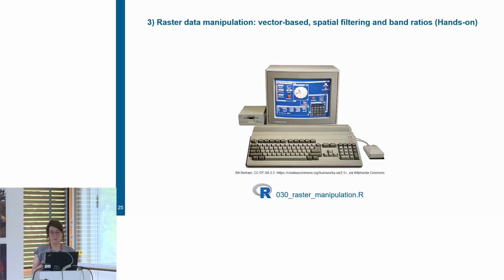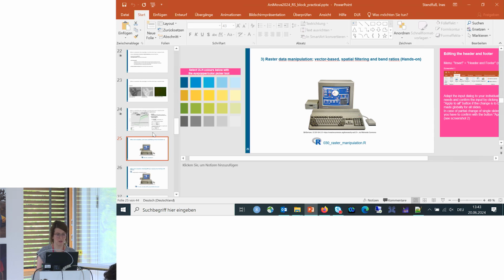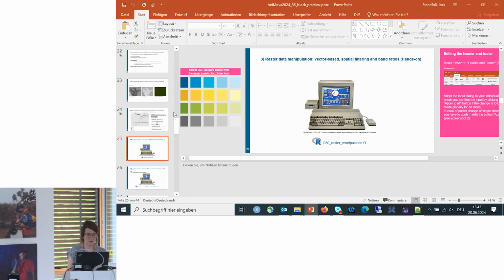Okay, so I have a script prepared where we basically go through these 3 different raster manipulation things. I can quickly give you an overview of the rest of the presentation.